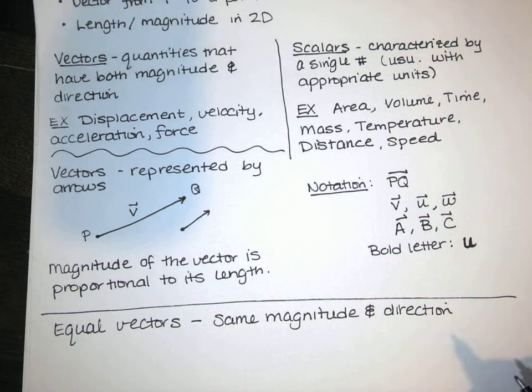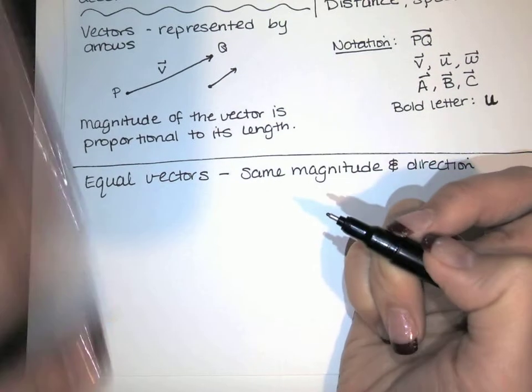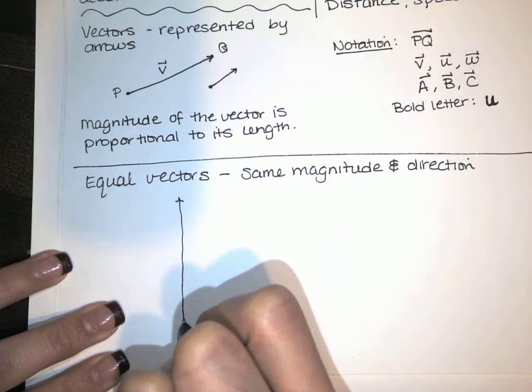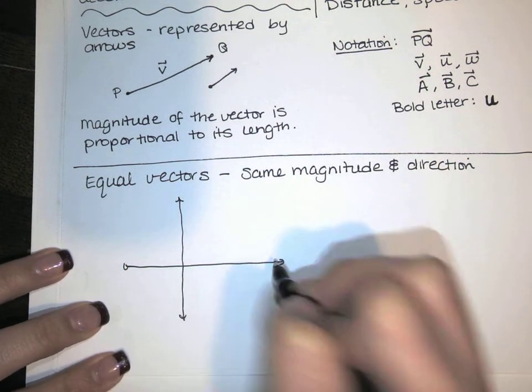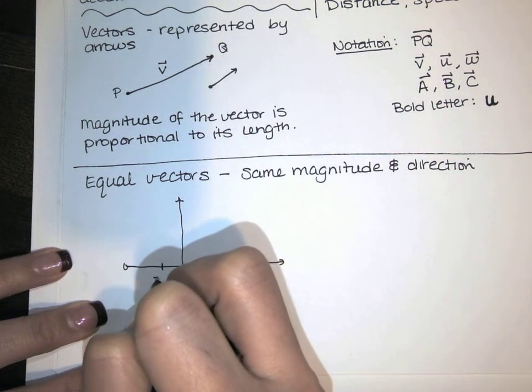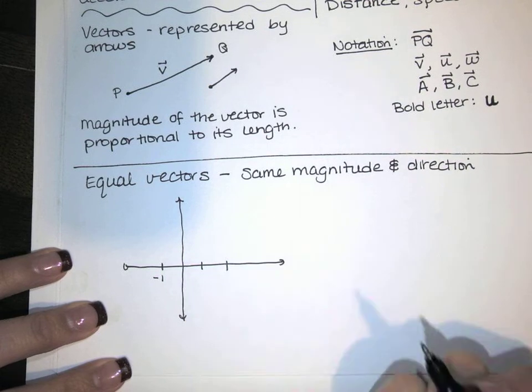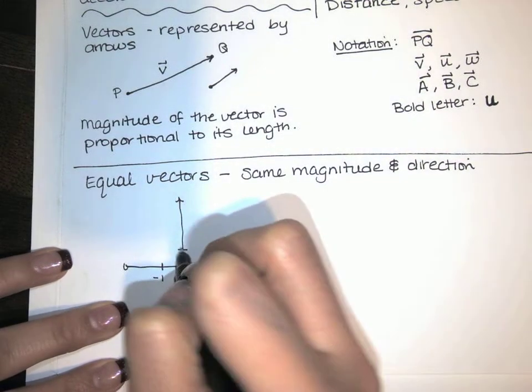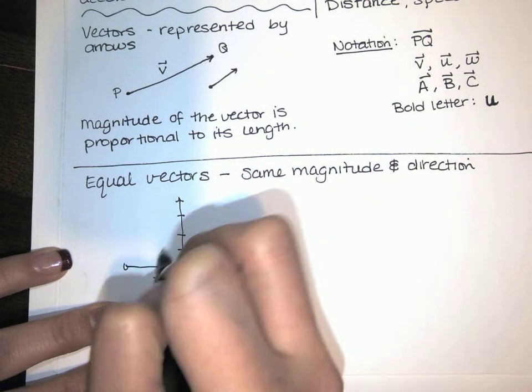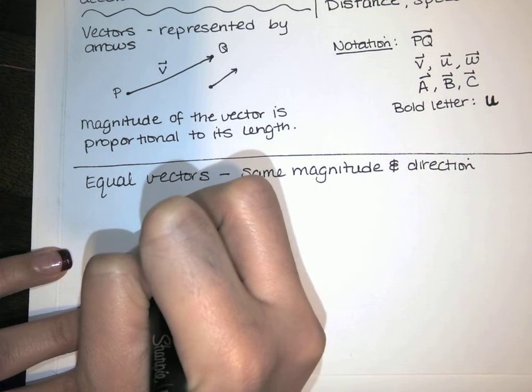So let me show you an example. Let's say this is the vector PQ. So let's say I start up here at x equals -1, y equals 3.